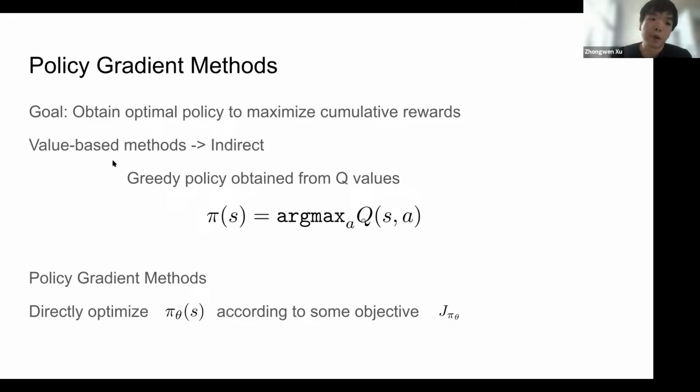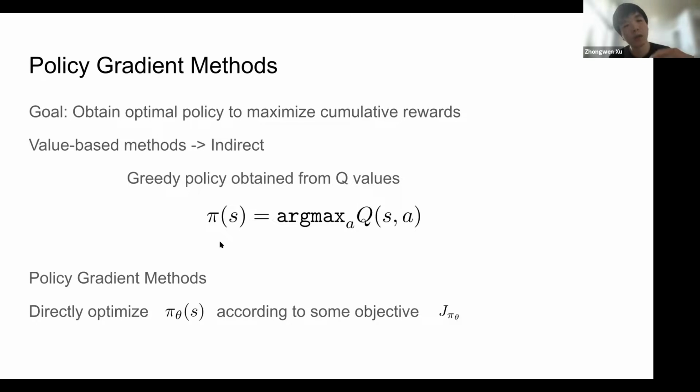So for the value-based methods, it's kind of an indirect way to achieve this goal. What it does is to learn the Q values for the state and action, and then form a greedy policy. It is choosing the action with the maximum Q values as the output of this policy, right?